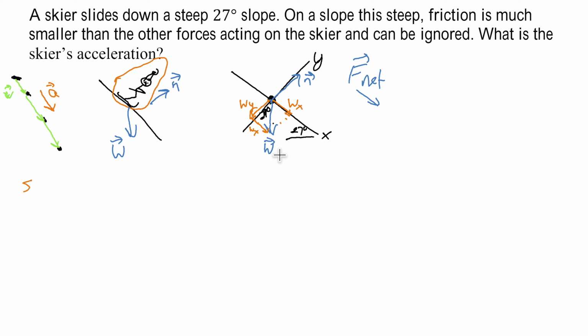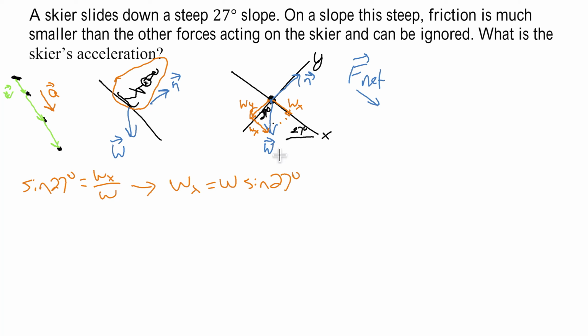So I'll be using sine 27 degrees equals W sub x, that's the opposite side, over W. Okay? And then if I want to find W sub x, just multiply both sides by W, and I'll have W sub x equals W sine 27 degrees.